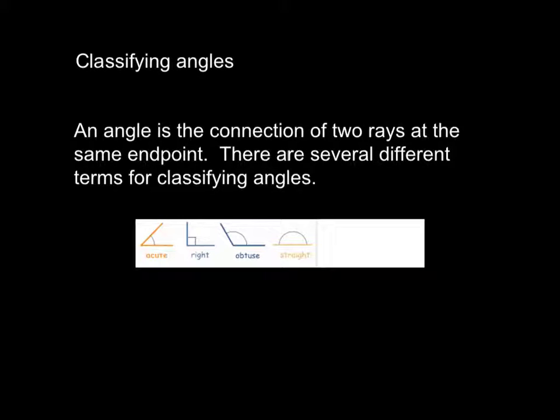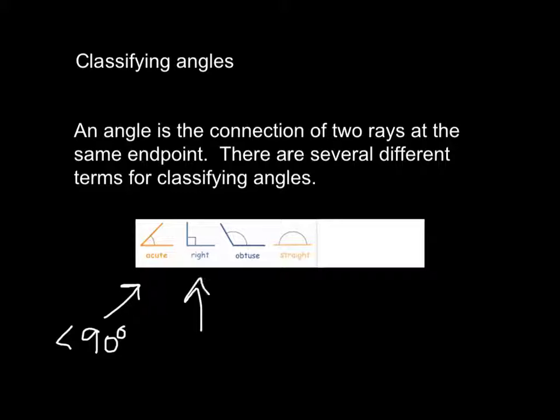Today we're going to learn the basics about angles. There are four basic types of angles that we're going to look at this year in our textbook. There are acute angles, and an acute angle is an angle that is less than 90 degrees.